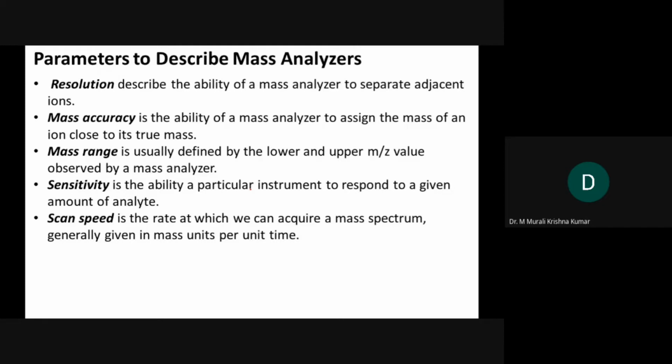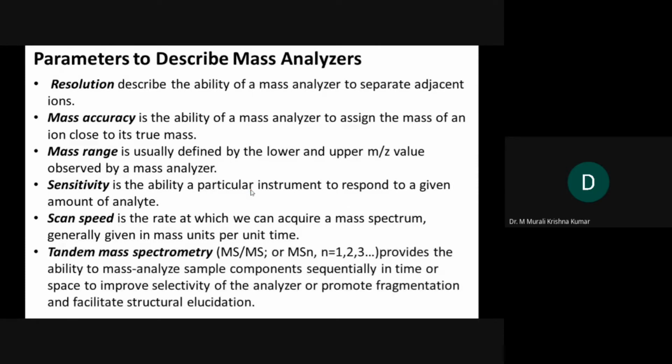When you are getting the eluent continuously at a flow rate of 1 ml per minute, you have to do the analysis continuously. So the scan speed must be very, very fast, so that for every 1 or 2 seconds we can have a scan without any problem.